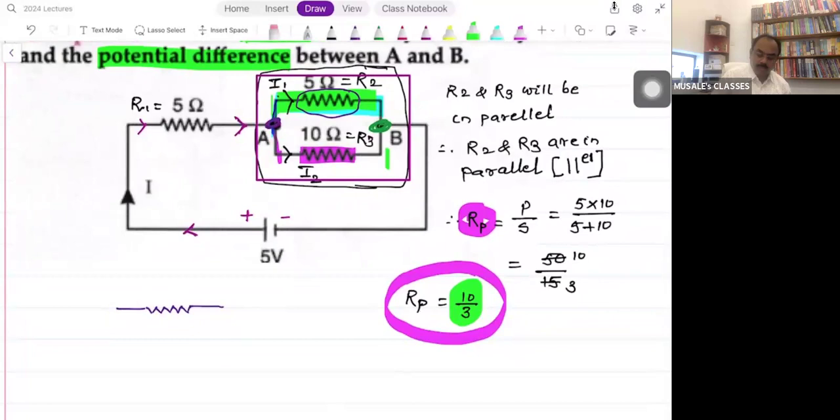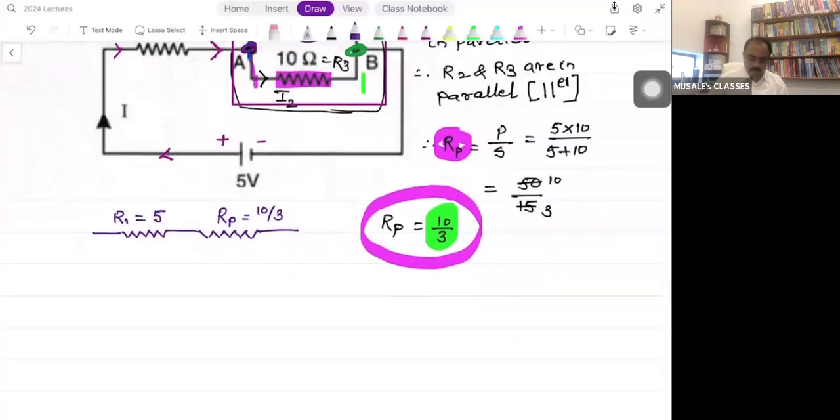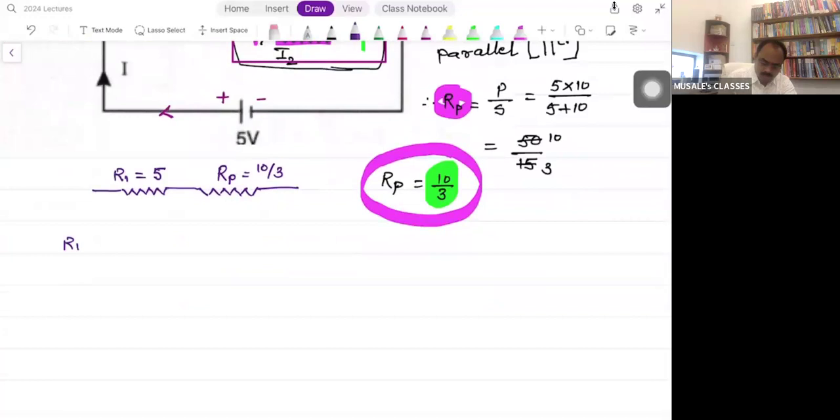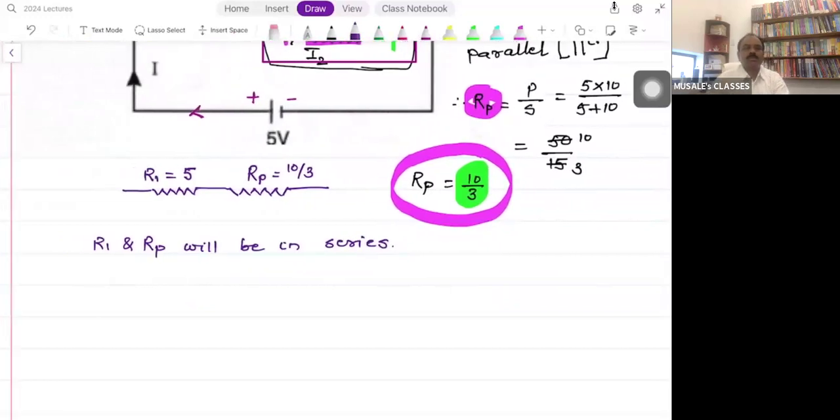Now this is RP, which is 10/3. And this was R1, that was 5. Now what do you know? This R1 and RP will be in series combination.